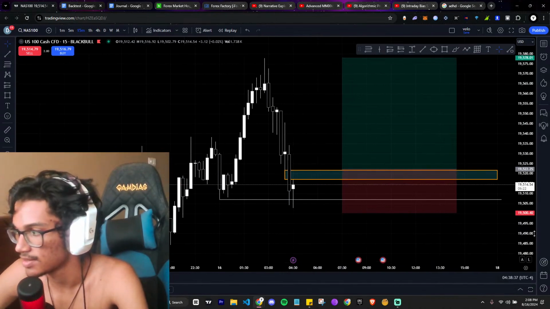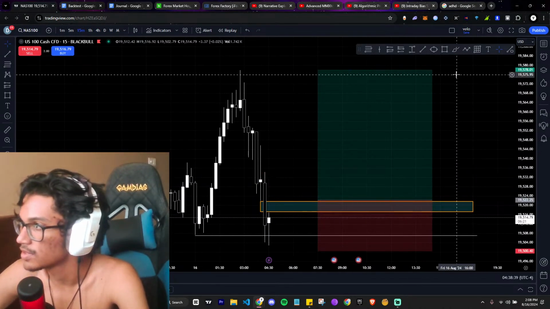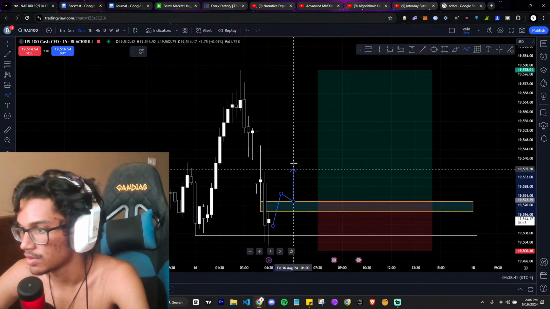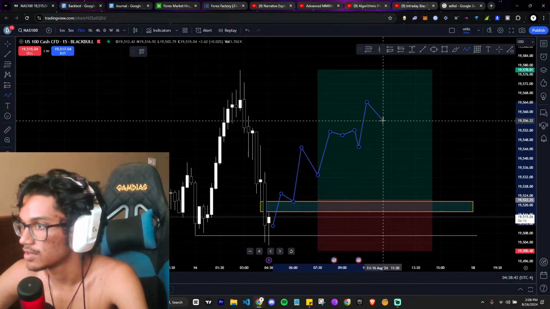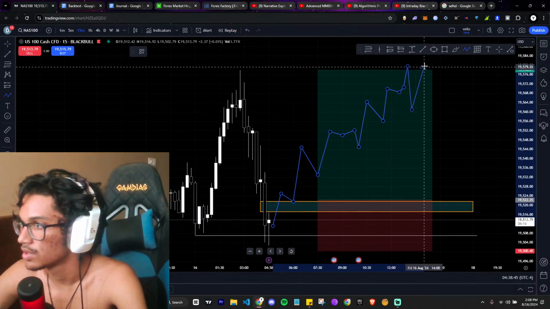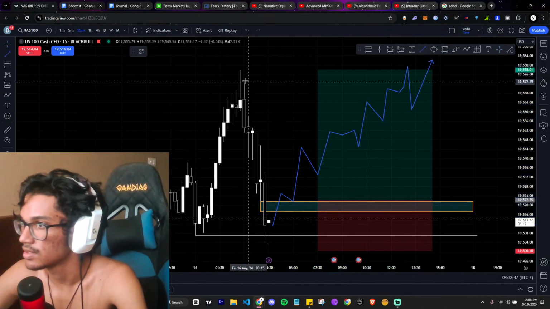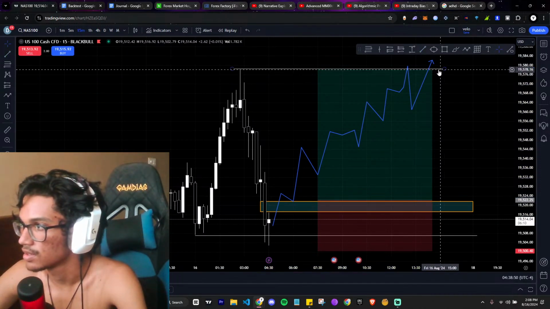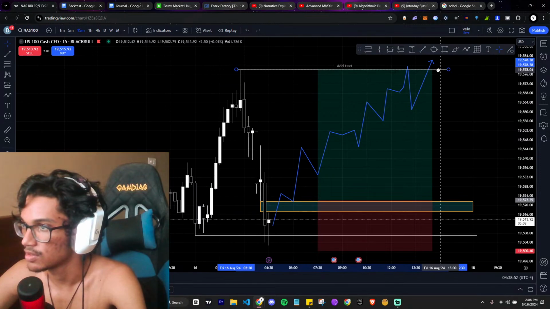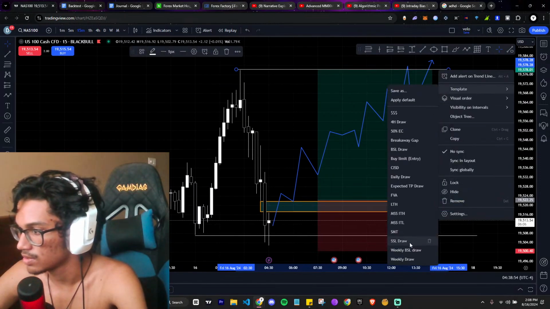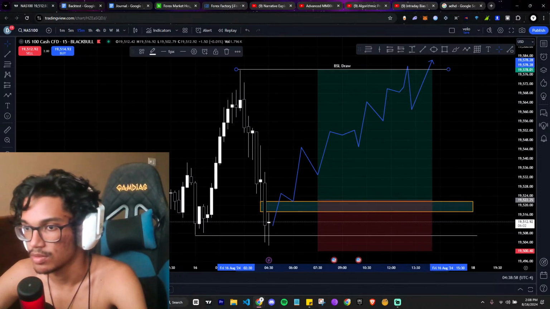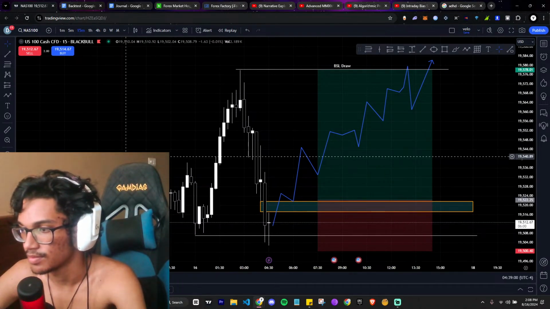Anyways, over here, if we use this level as support, then we will use this as a retracement to go higher. See, this is the SSL liquidity. So these are the BSL draw. BSL, SSL. BSL draw. Cool. Amazing.